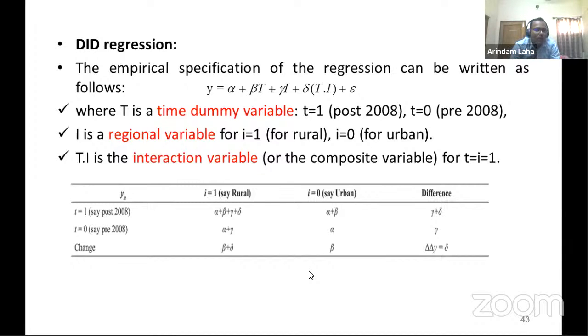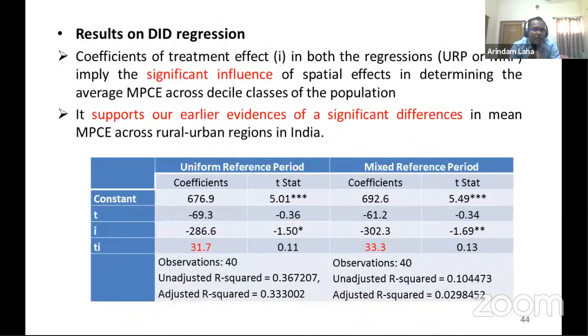Now what we have done, we have carried out a difference regression analysis, and this is the result. Very simple result. Okay, you are doing the same type of analysis, but here we have done the analysis with respect to two different consumption measures: uniform reference period and mixed reference period.